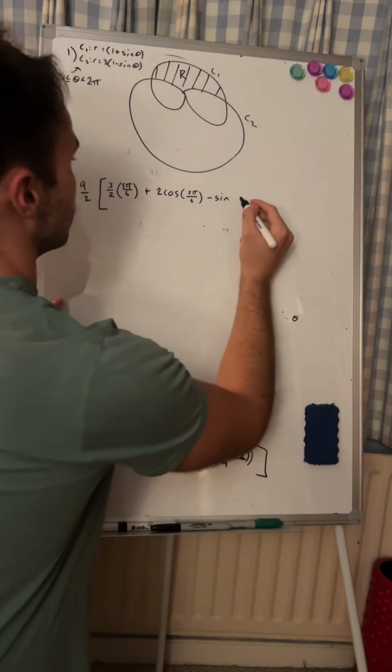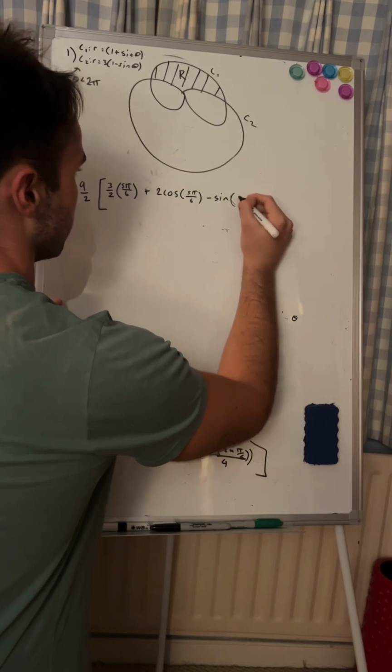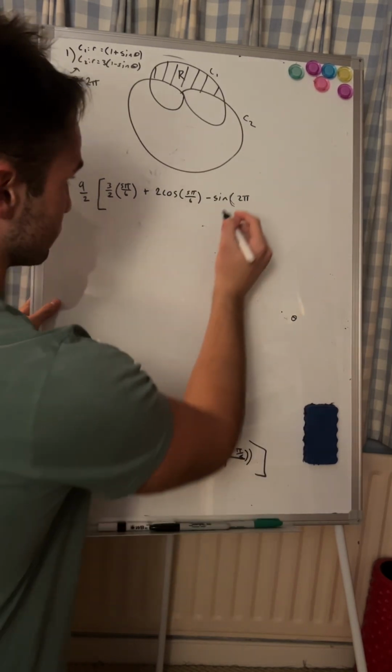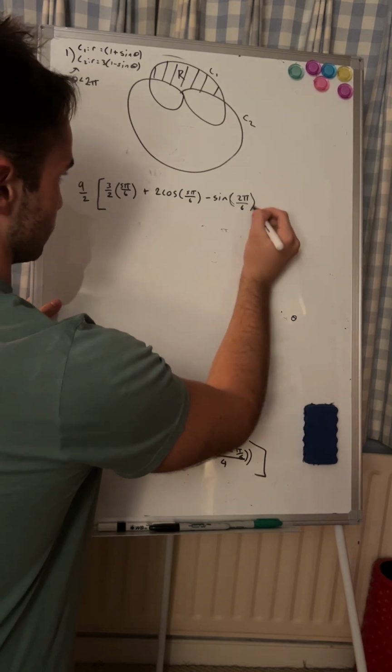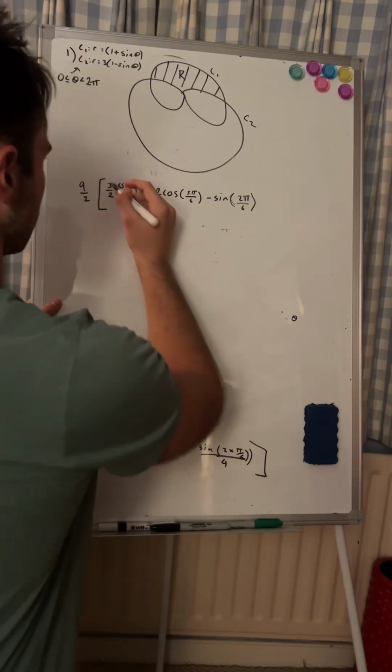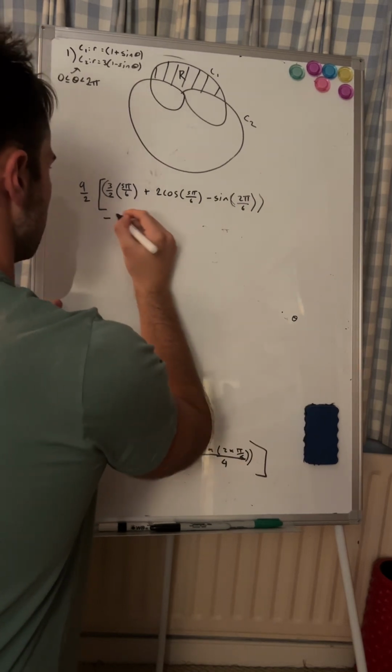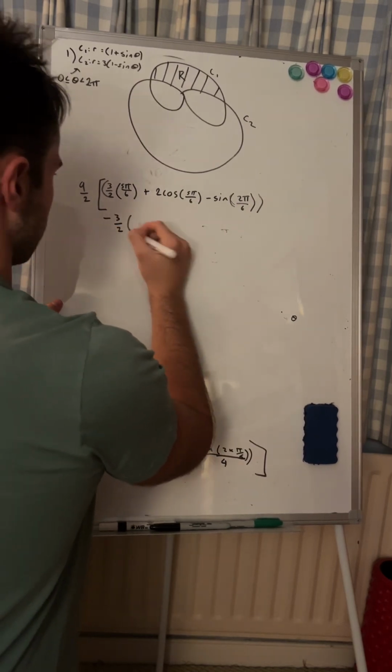Hoping you enjoy me writing this out for too long. Brackets the whole thing, and then we're going to minus it all, and I just wrote out the same thing twice because I rubbed it out.